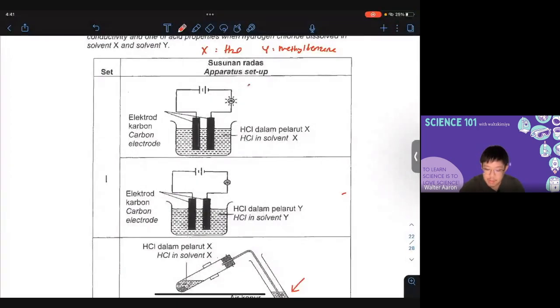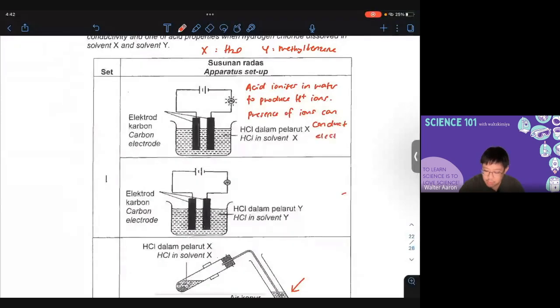So you put here: acid ionizes in water to produce H+ ions. Presence of ions can conduct electricity.